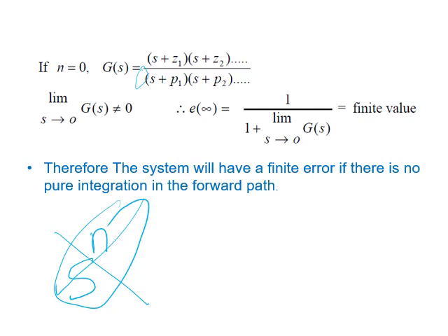So in that case, you will find that the limit gives you a certain value, which will end up with the error equal to a finite value. So now I come out with a conclusion: when the input is a step, if there is an integrator, the error will be 0. If there is no integrator, the error will be a finite value, a certain constant.